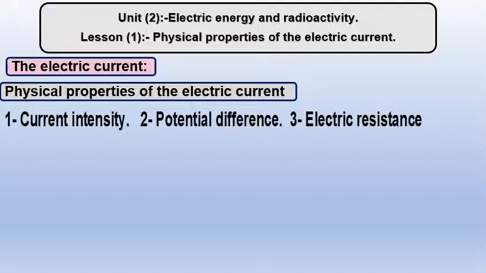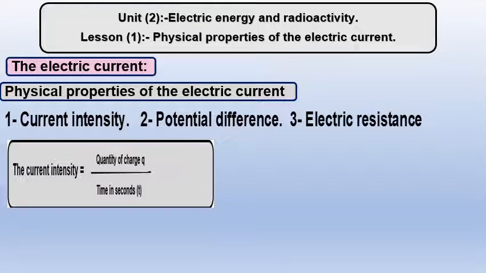The electric current intensity equals the quantity of charge, symbolized by Q, divided by time in seconds. So pay attention please, Prep 3. I can define the electric current intensity from this rule.